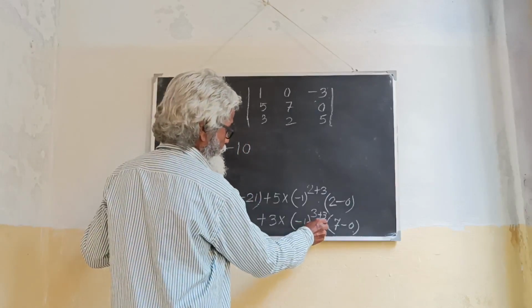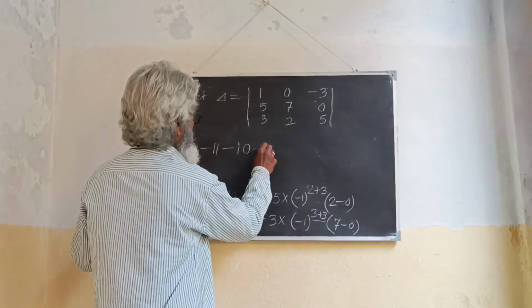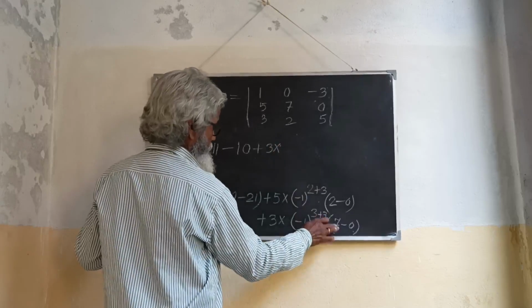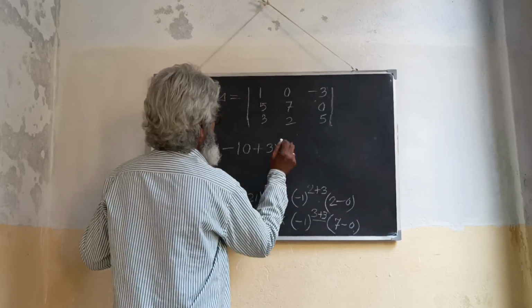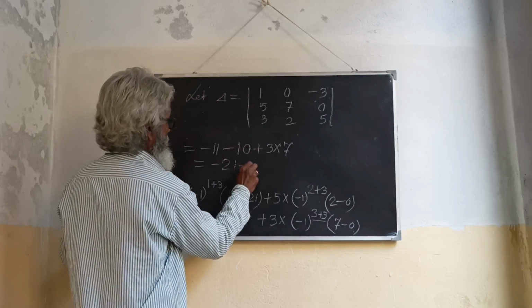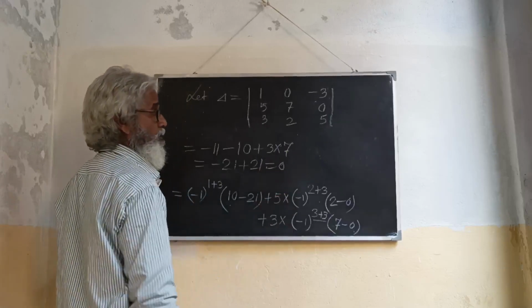This is (-1) to the power 3 plus 3, an even number, so it will be plus, therefore this will be 3 into 7, and this gives you -21 plus 21 equal to 0.